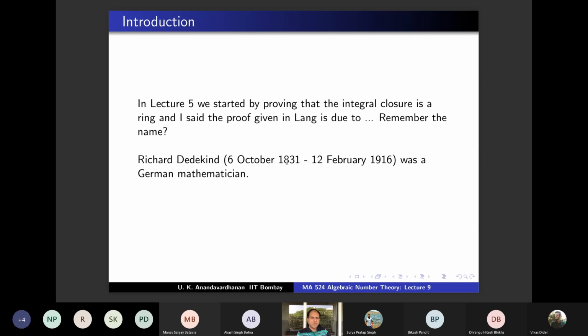Usually from Wikipedia I copy only the years, just to give you a feeling that what we are doing is, quote unquote, modern compared to many other things that you do. Because typically in MSc mathematics, even in electives, we will be dealing with Cauchy and Weierstrass and people mostly of that time. So there is intersection. Of course, Dedekind is also from that era, but once in a while you see people much more modern.